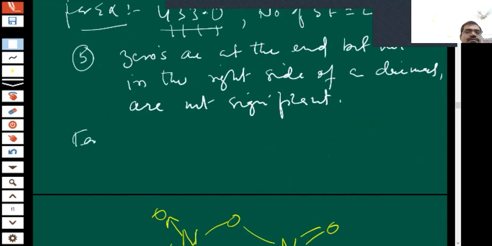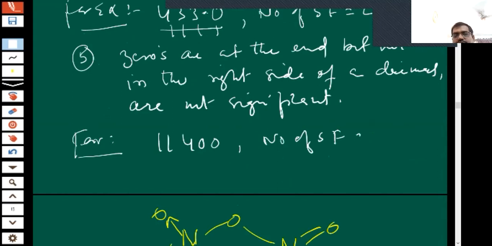Okay, for example, suppose 11400. So how many significant figures are there? First of all, there is no decimal in the number as it is represented.